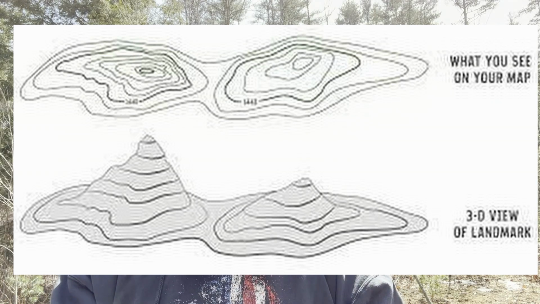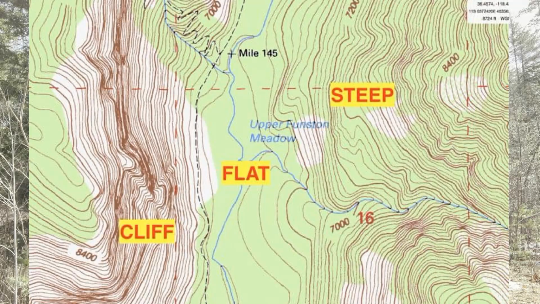Is it going to be really steep slopes? Does it go up and down? You can see that by how close the contour lines are and what the number of footage is between them. If you have lines that are really close together with high footage marks, that means that is a very steep area and is going to be hard to traverse, even to the point where it could be a rock face.